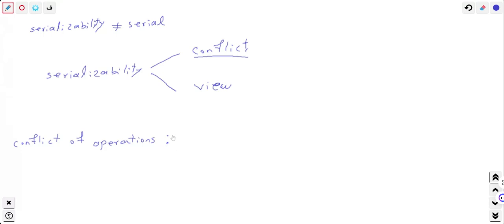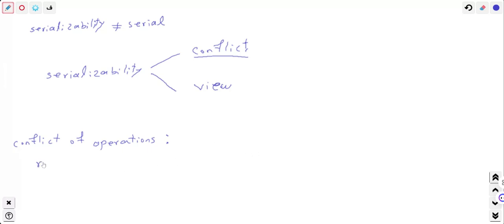What do we mean by conflict of operations? Two operations have conflict if the order of their execution is important.